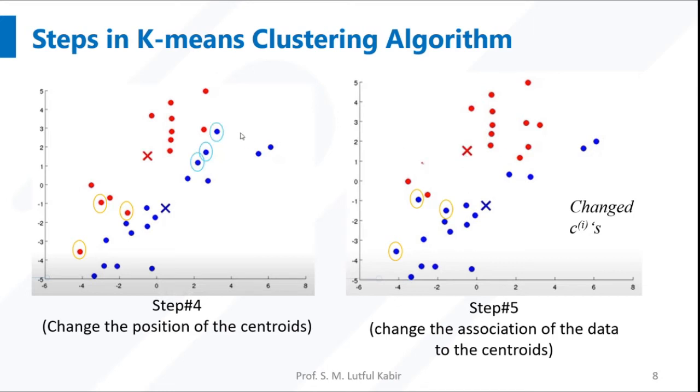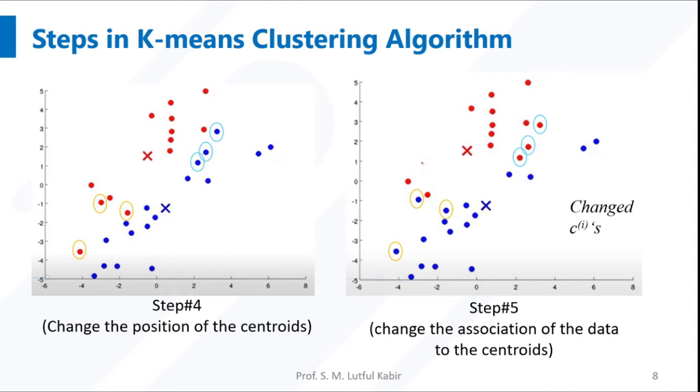Similarly, if you notice these 3 points, previously those were associated with the blue centroid. Now these are closer to the red centroid. That's why you can see they have changed to red color data points, and these data points are associated with the red centroid. So this step suggests that you have to change the association.